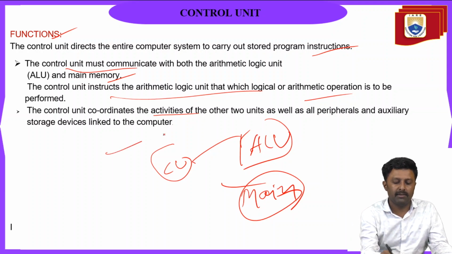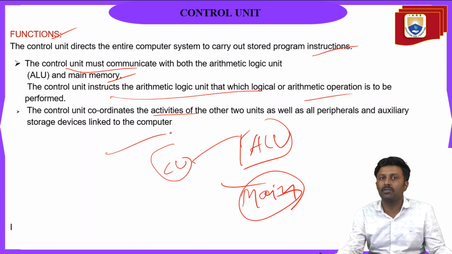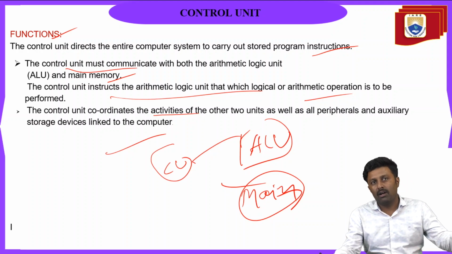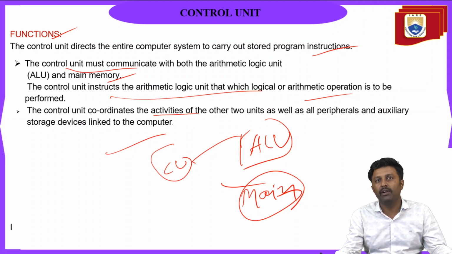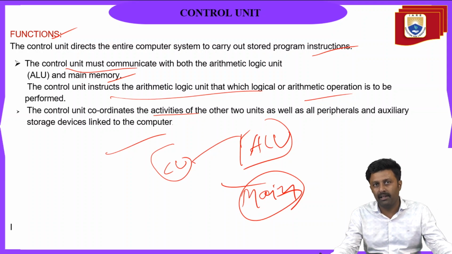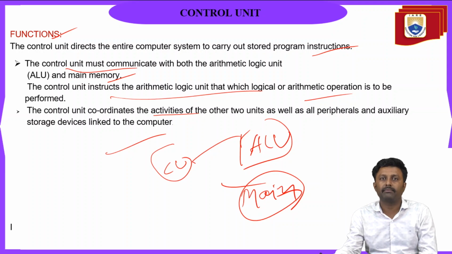So the main function is to make communication between all the components of the computer, that is the ALU and the memory, to perform the arithmetic and logical operations, and to coordinate the peripherals.